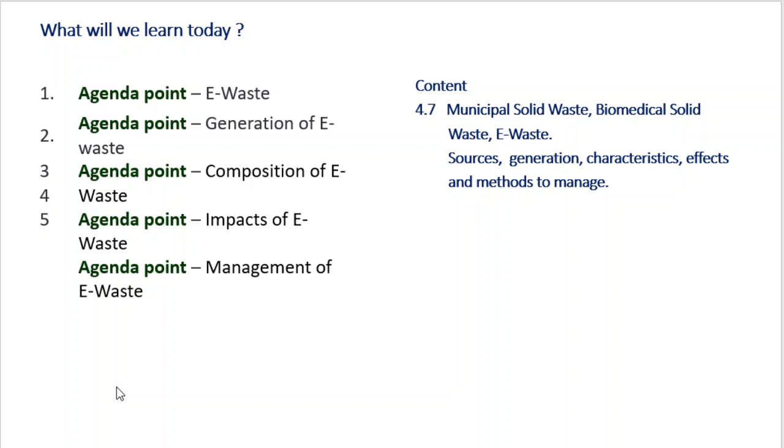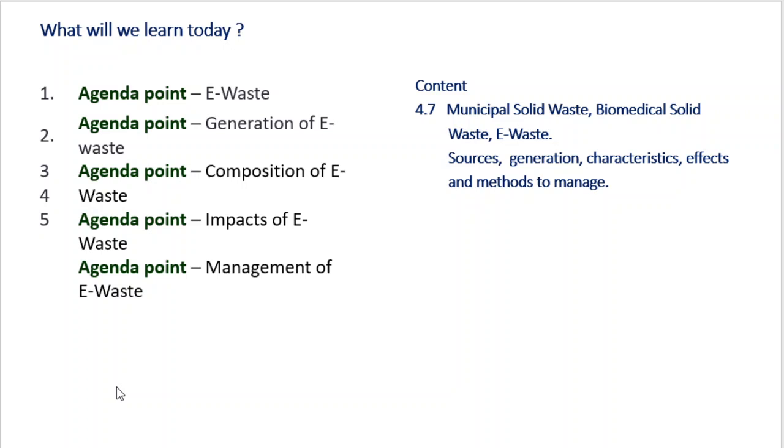Before starting today's lecture, we have summarized our Unit 4, Environmental Pollution. In the previous lecture, we covered the definition of pollution and its types, natural and artificial. In that we saw soil or land pollution, their causes, effects on environment, effects on lives, and the different preventive measure techniques.